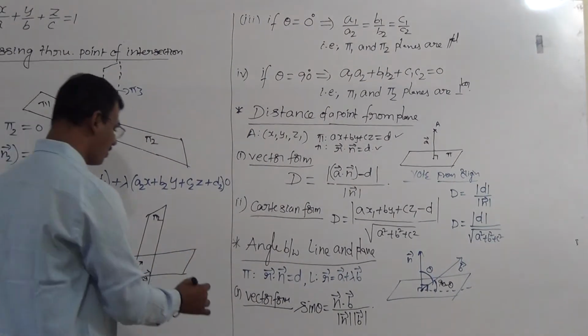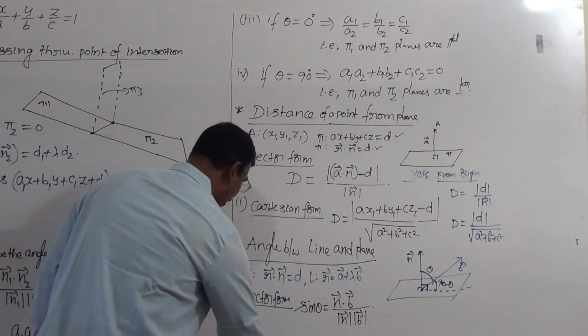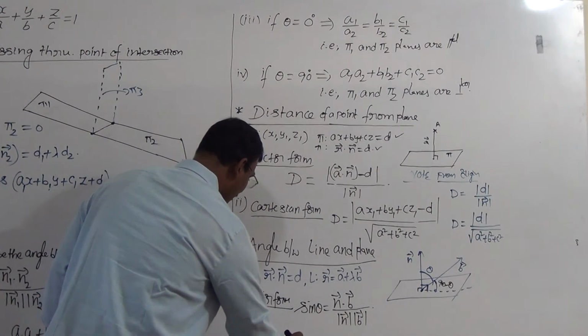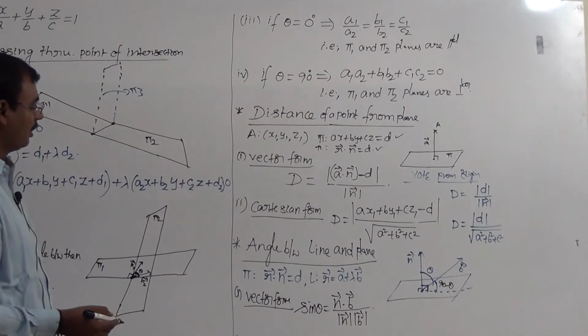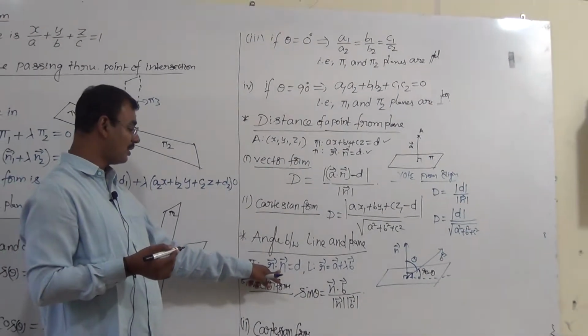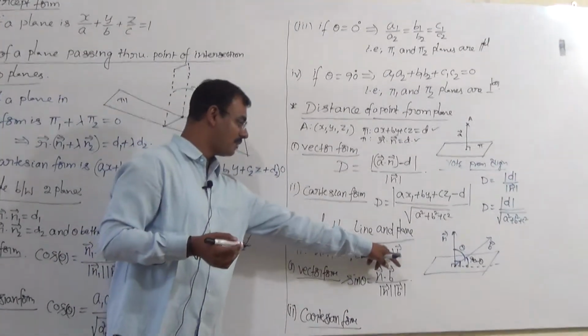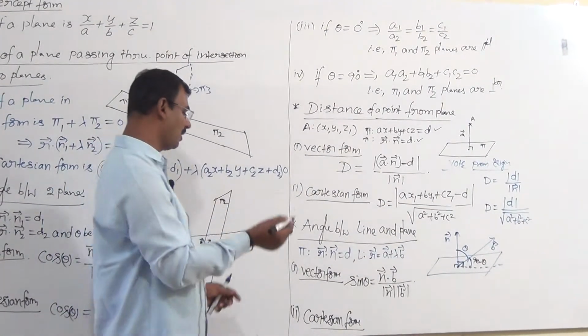But generally we use Cartesian form from the entrance point of view. What is the angle between line and plane in Cartesian form? Let us take the n vector. Its DRs are a, b, c. The b vector also has DRs, let us take l, m, n.